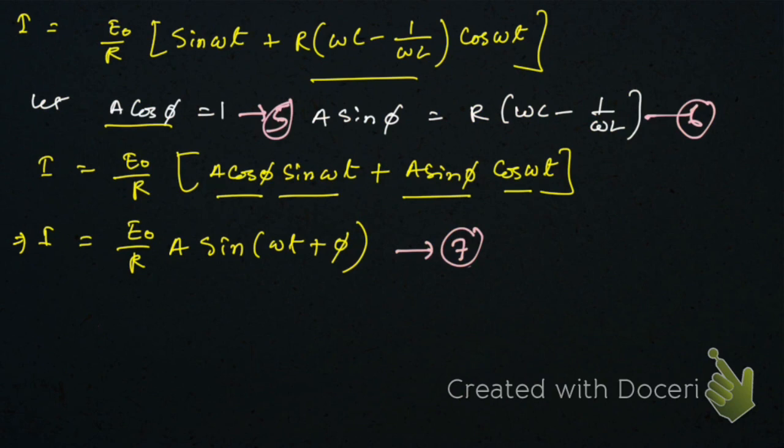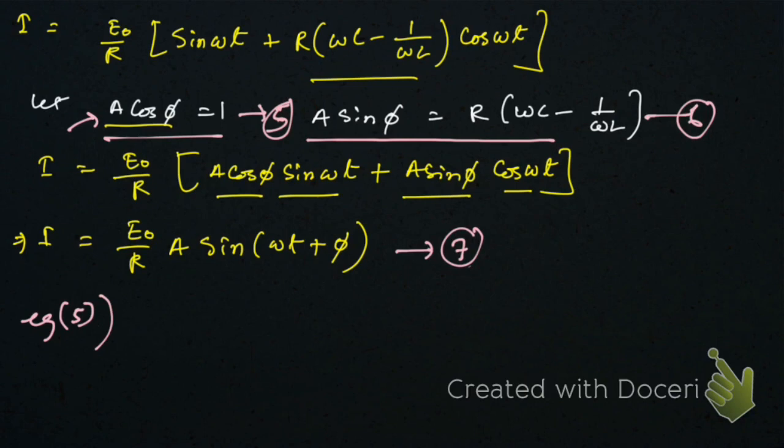So now you can see, we can find the value of a from these two equations, right? So how to do that? By squaring and adding these two equations, equation number 5 squared, then adding with equation number 6 squared. Squaring and adding, what are we gonna get?